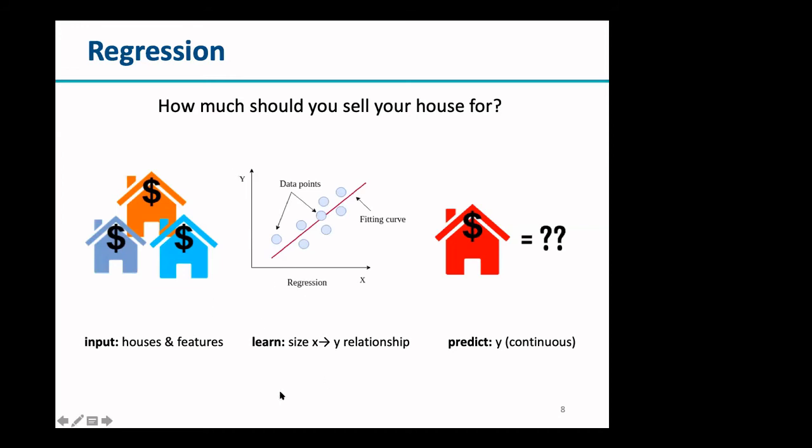You should learn a mapping from the X space to the Y space, from the feature space to the prediction space. This relationship is a regression, and you are solving a regression problem, and you finally predict the Y value. Usually the Y value is a continuous value, and the aim of regression is this prediction.